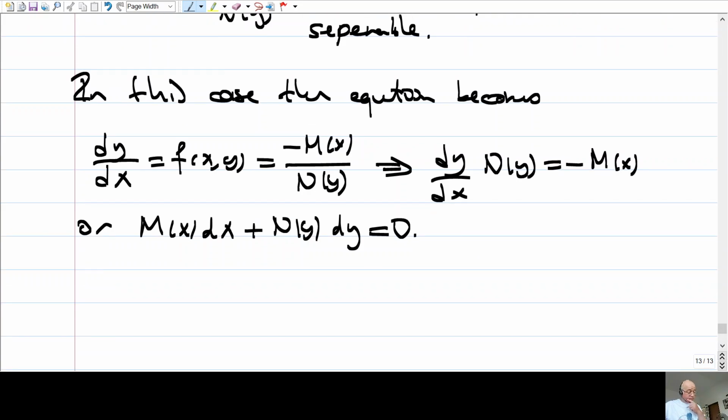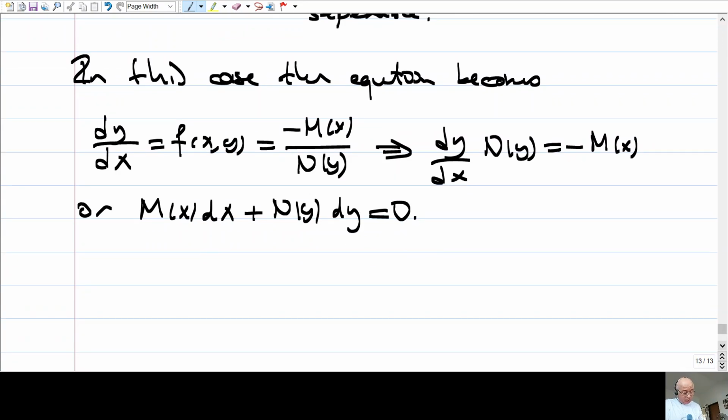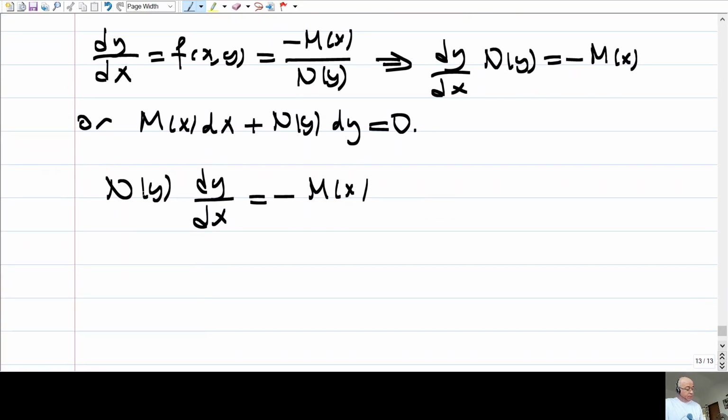And how can we solve this? You see, I have minus m(x), or maybe let me write n(y) times dy/dx, which is just minus m(x). Well, this is a function of y only, and then I have here y prime, and here I have a function of x only.